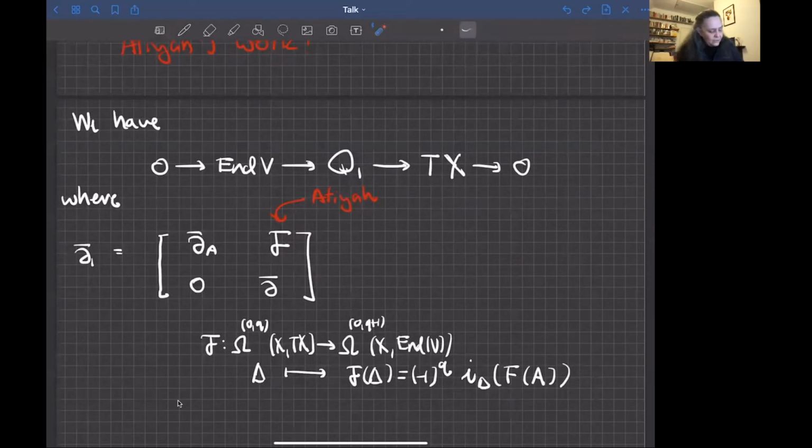And the holomorphic structure is given by, written in terms of a matrix, right?